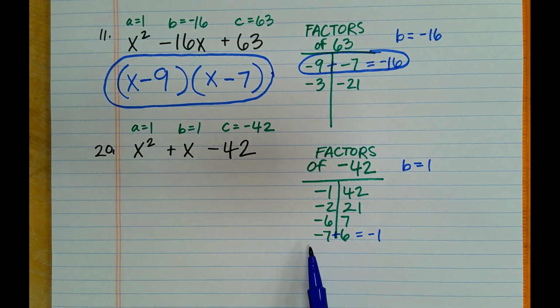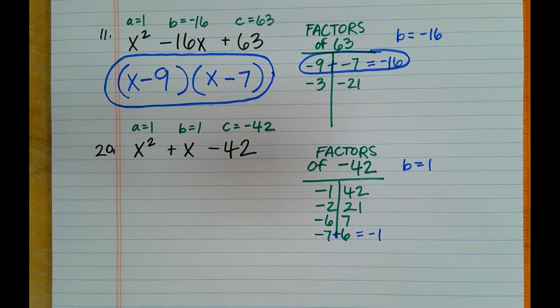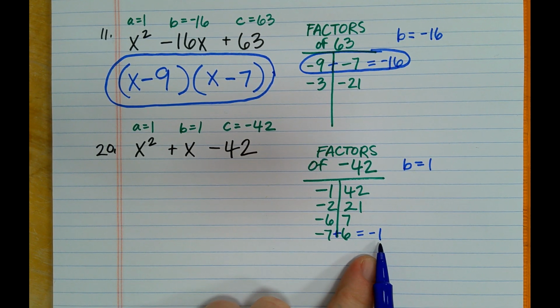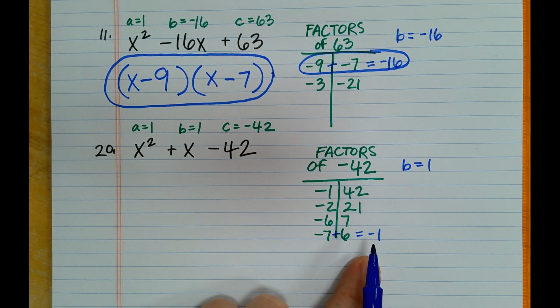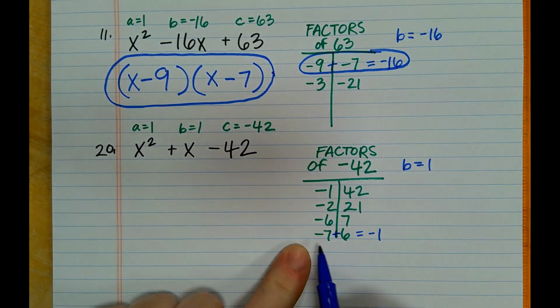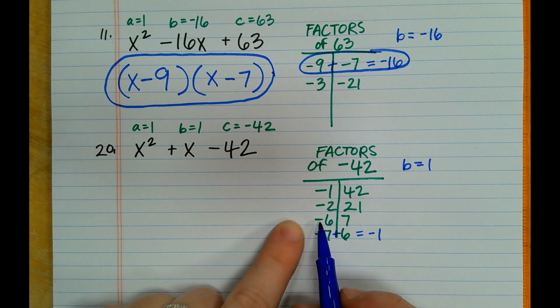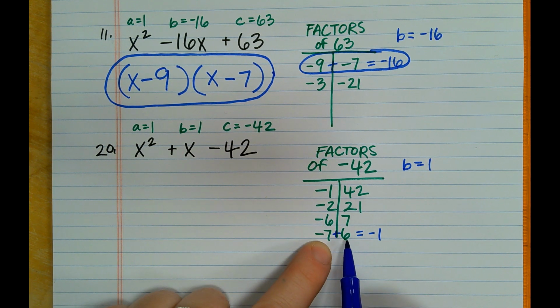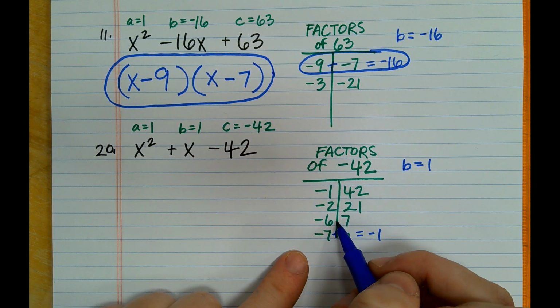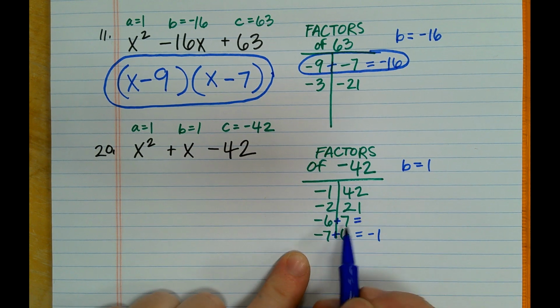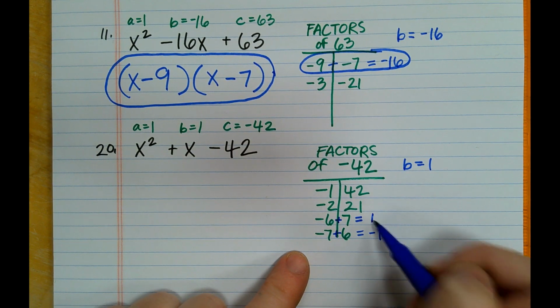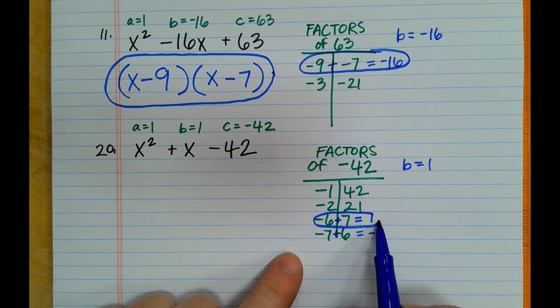Remember, if I have factors where one is negative, one is positive, and I get the answer I want but with the wrong sign, like I need a 1 but I got a negative 1, just switch the signs. Instead of 7 being negative, let's make 6 the negative. Instead of 6 being positive, let's make 7 positive. That's going to fix our answer. 7 minus 6 is 1. That's what we wanted.